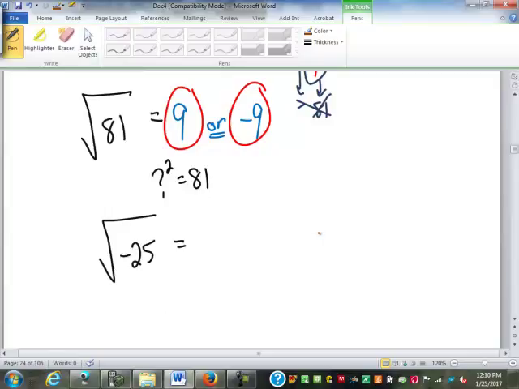Well, it's asking us what number squared equals a -25. We just said that any number squared has to be positive, because a positive times a positive will be positive, and a negative times a negative will be positive. There is no real number that we can square that will give us a negative 25. Therefore, the square root of a negative 25 cannot be done with real numbers.